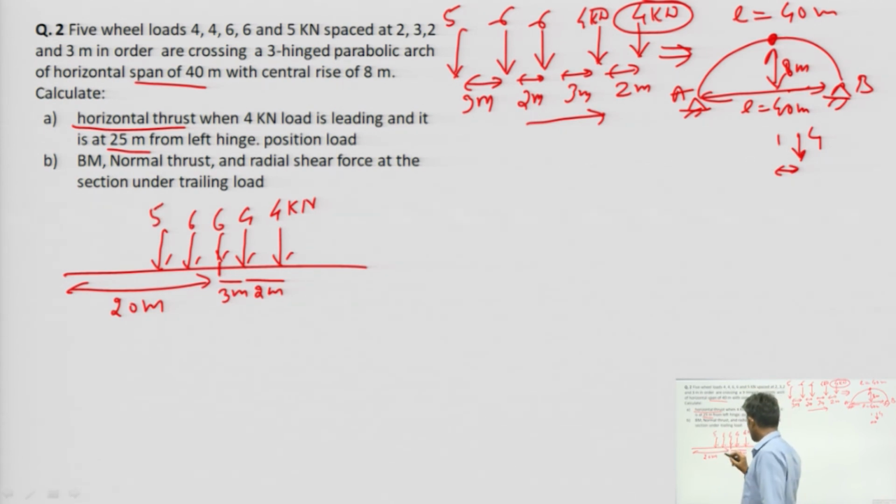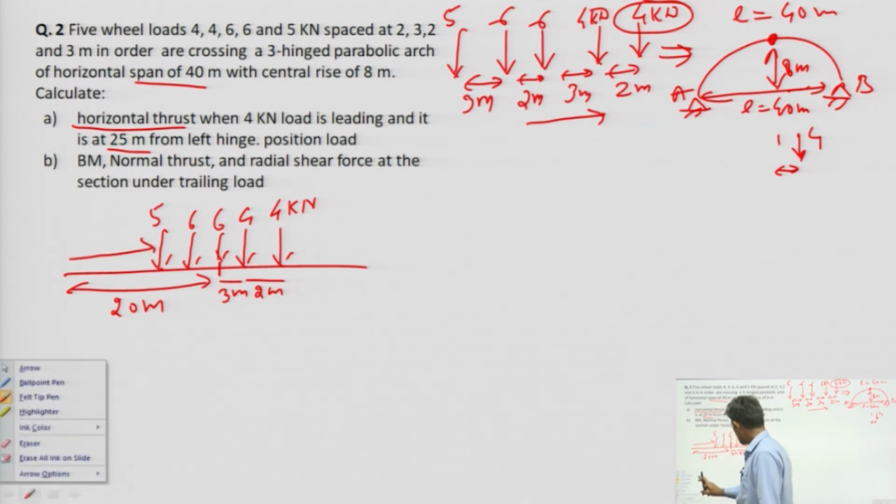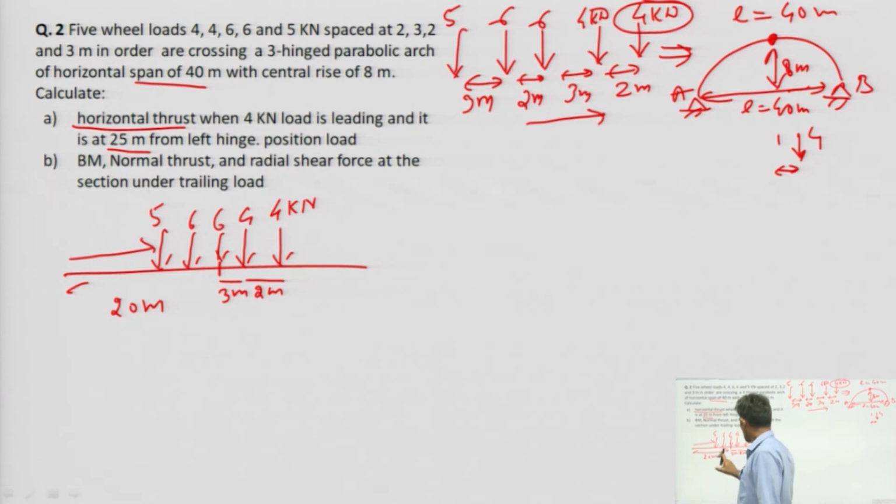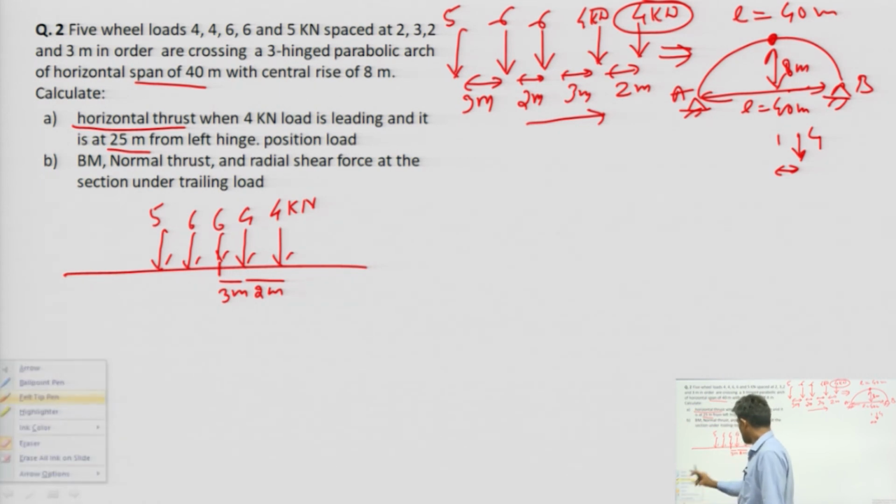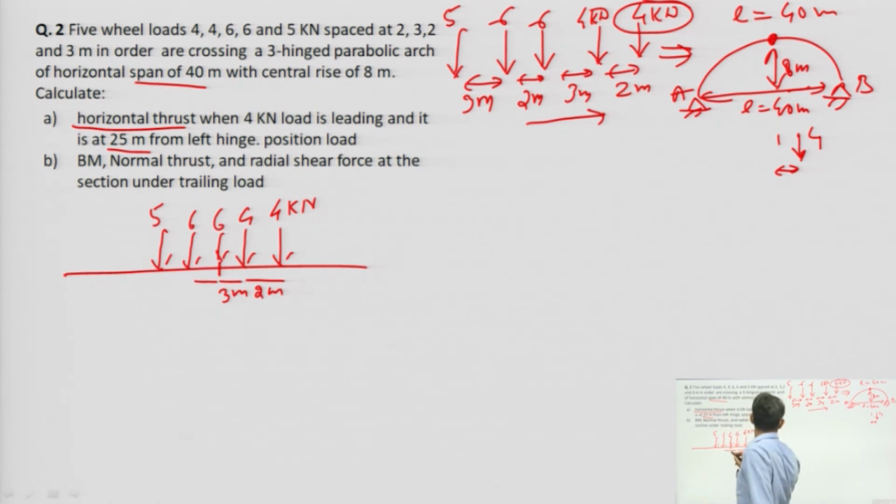Okay. This is the midpoint and this distance will be what? Okay, let me erase. So, this is the distance. This distance is 3, 2 and 3. From here to here, this is 20.